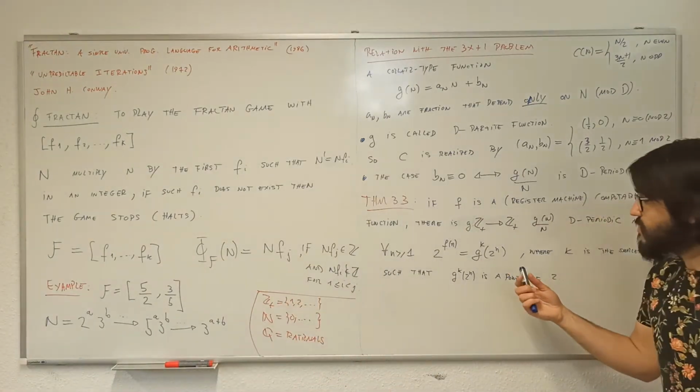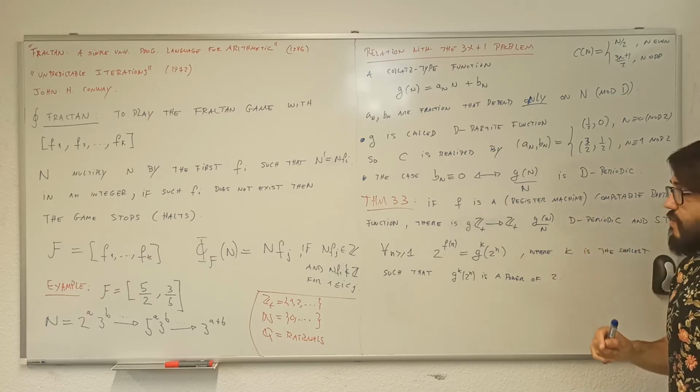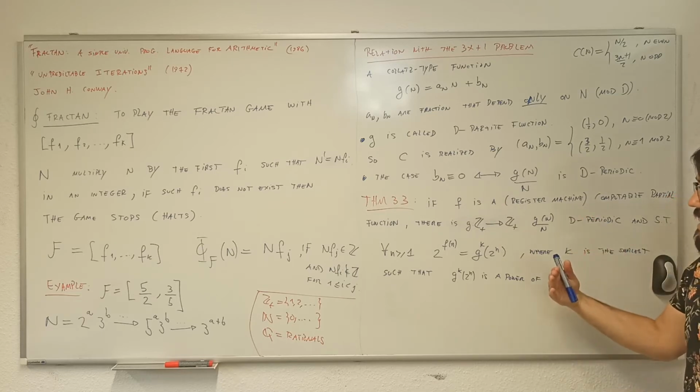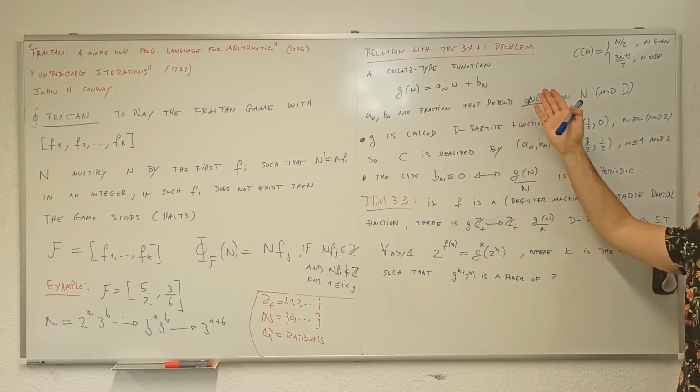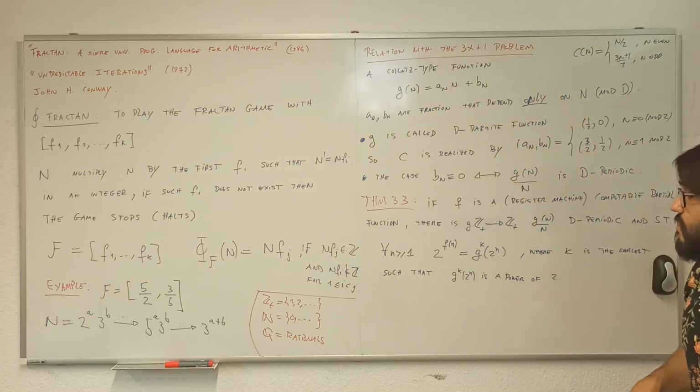So basically what I'm saying here is that given a computable function, which I will define in a moment, you can realize it by a Collatz type function in the particular class where all the b's are zeros.